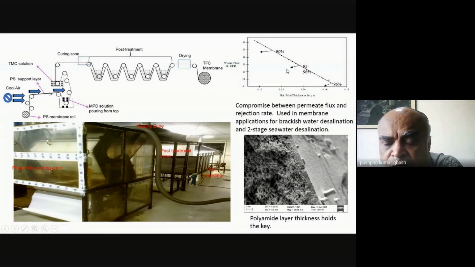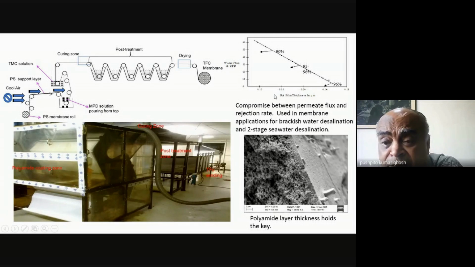Now, what was found is that if you measure the water flux, the permeate flux, which is vital for productivity, and you look at in the x-axis the polyamide film thickness.